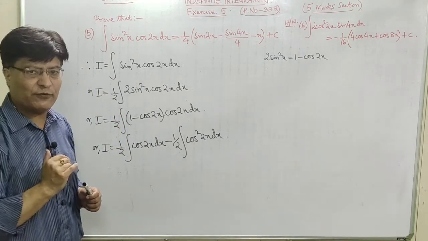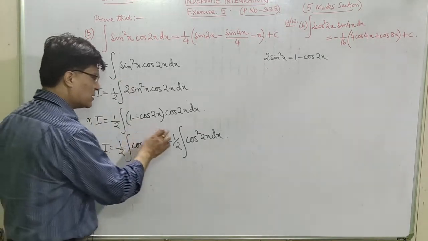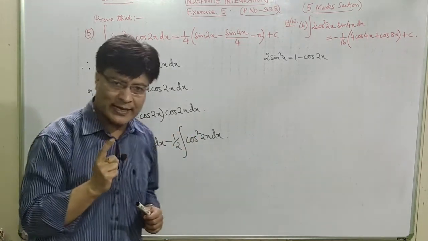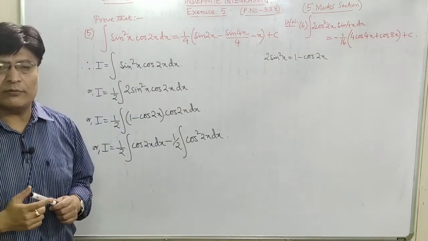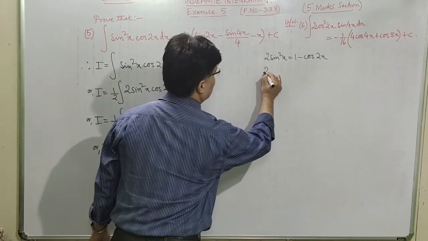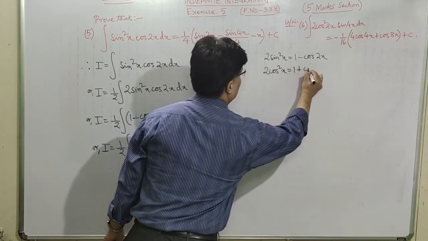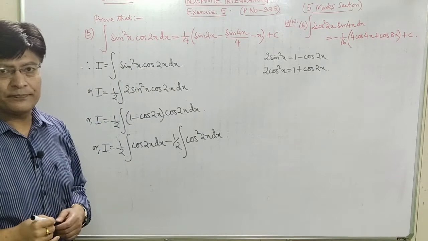Now you can easily integrate the first function. This is the direct formula. What is the integration of cos 2x? You know that, isn't it? Now for the second term, again there is cos square. I already told you that whenever you have cos square or sin square, you should convert it to multiple angles, and you can use the formula of 2 cos²x in this case. What is 2 cos²x? It is 1 plus cos 2x.